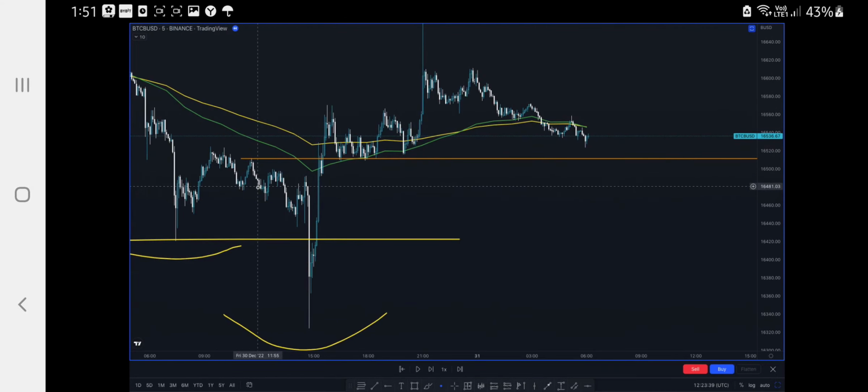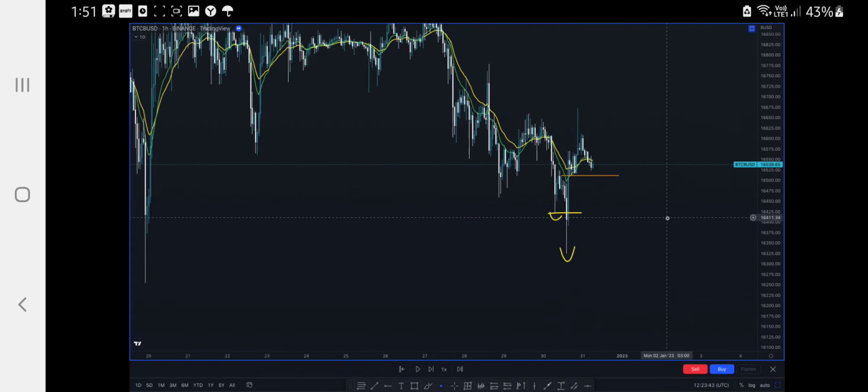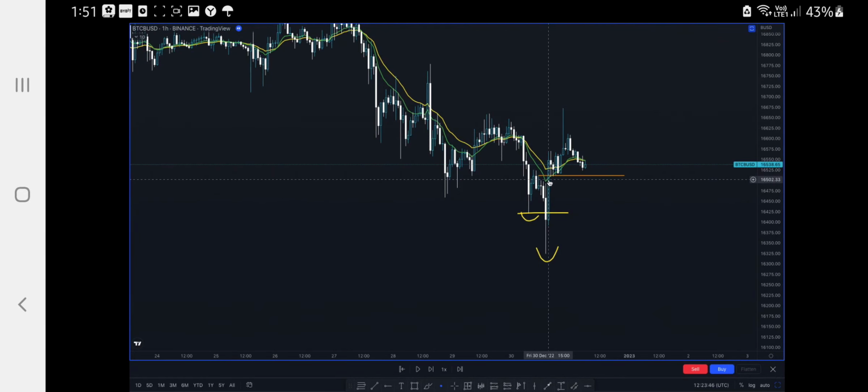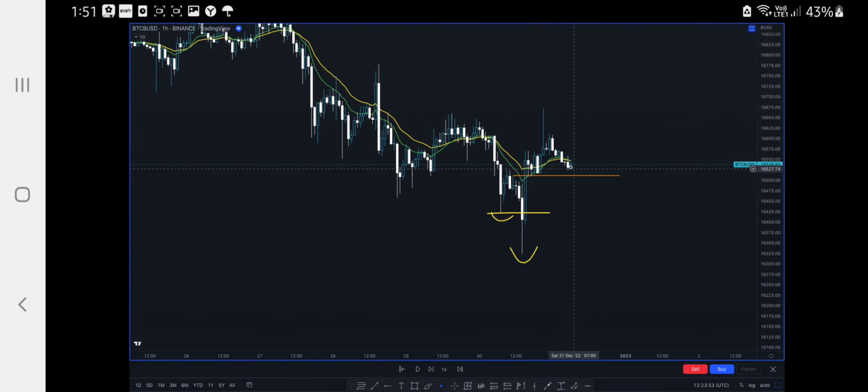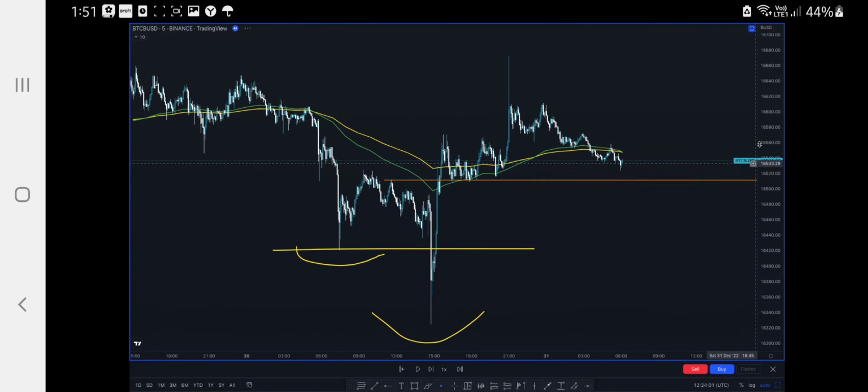So this was your 1 hour. Remember, the 1 hour level, we broke above it. We then got the cross, and we're now waiting for a proper test. So ideally you want to hit this line again. It's probably going to go a little lower. But when it does, we'll be ready to enter.